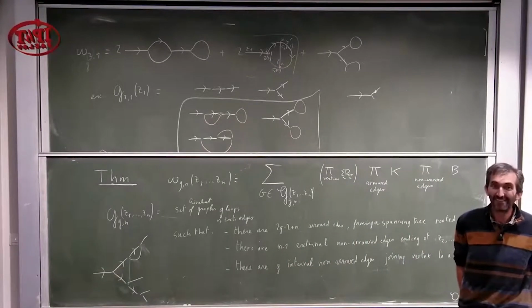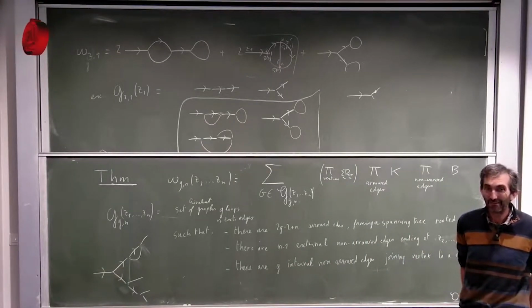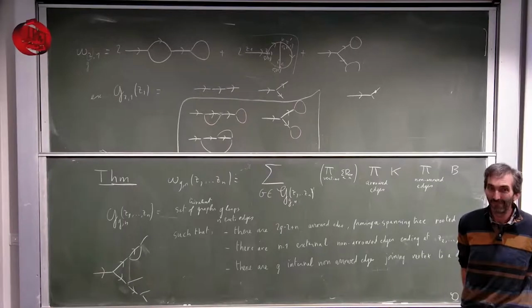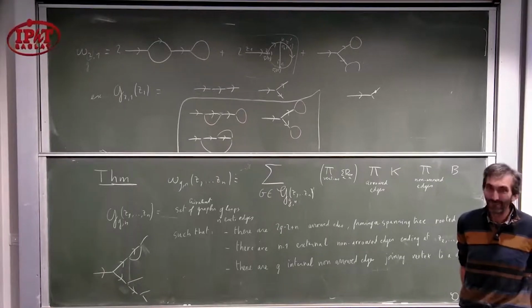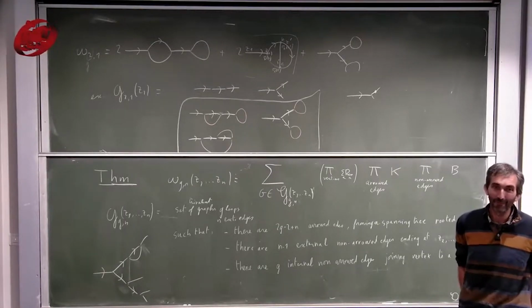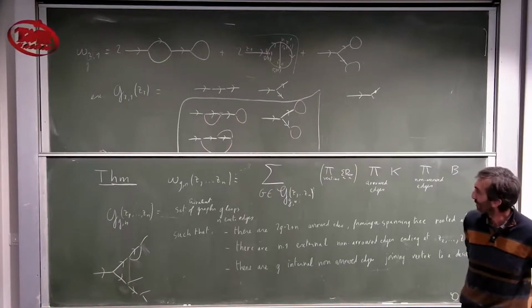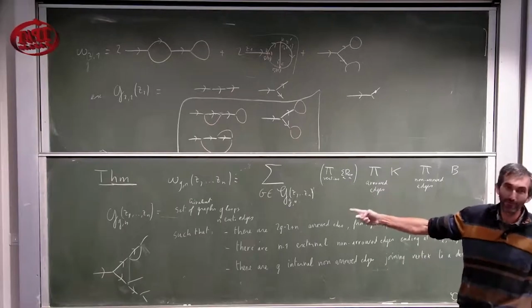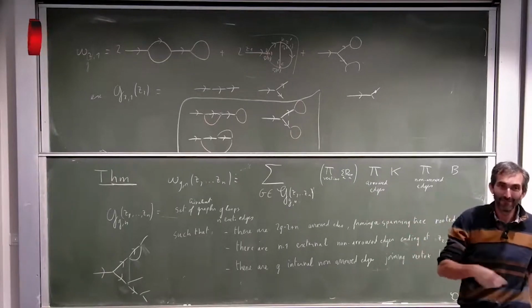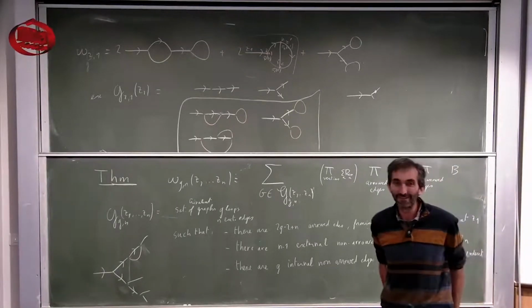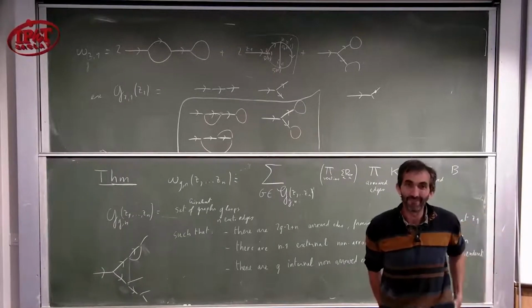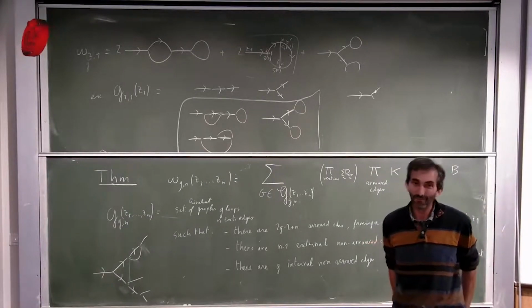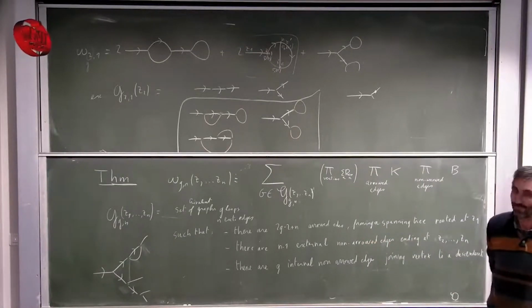Bertrand, is there a graphical proof of the symmetry property? Yes. Are you going to do it? No, but I was going to prove the dilaton property, when you contract with omega 0,1. I was going to do this one graphically because it's very simple. Does the symmetry boil down to a local rule?